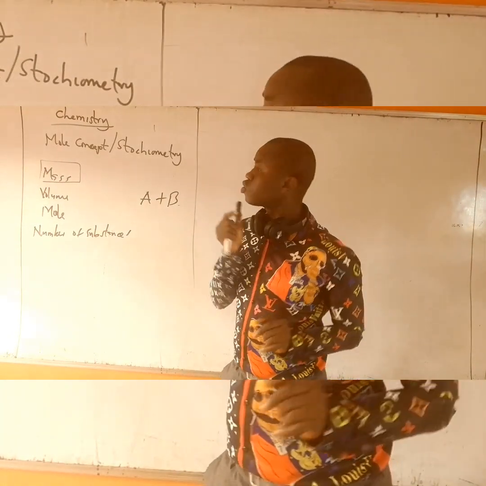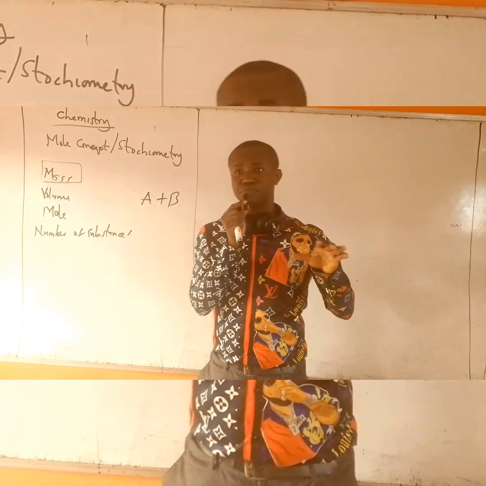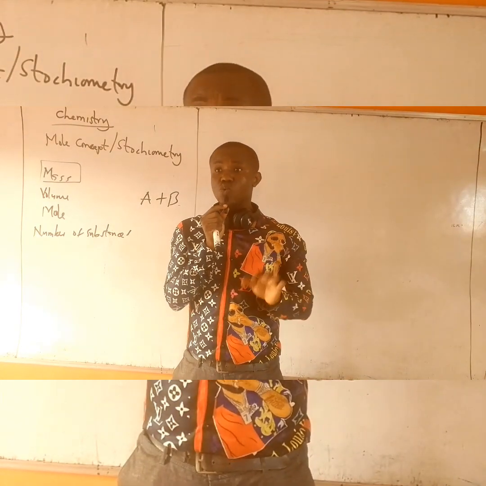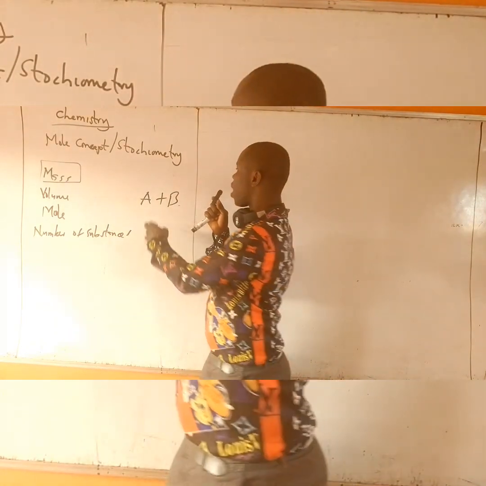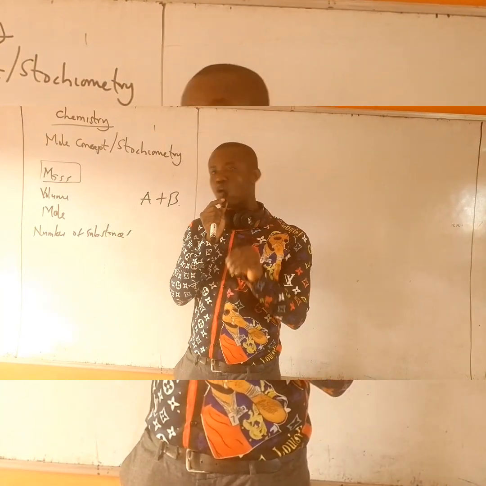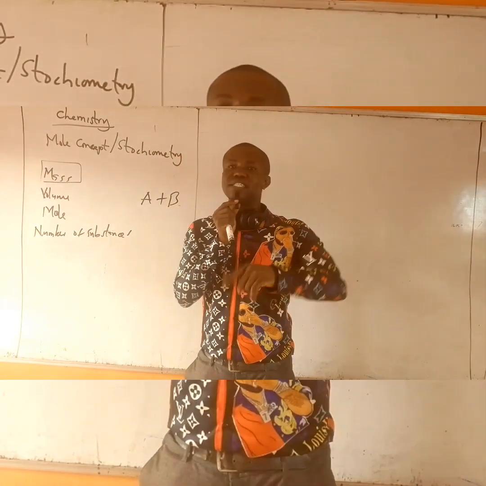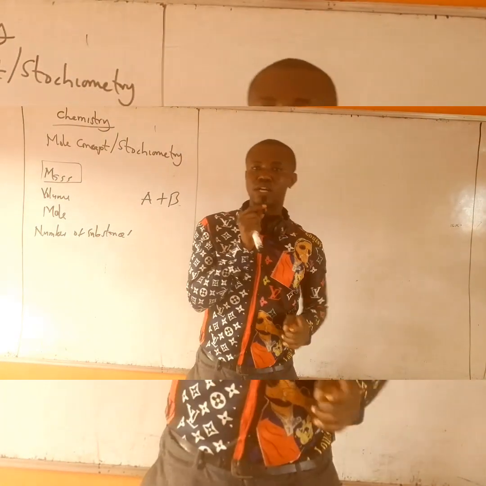So in stoichiometry or in mole concept, what we do is study the amount. If we have 5 grams of one reactant, what mass or what number of moles or what volume of the other reactants is required to react with this given mass?